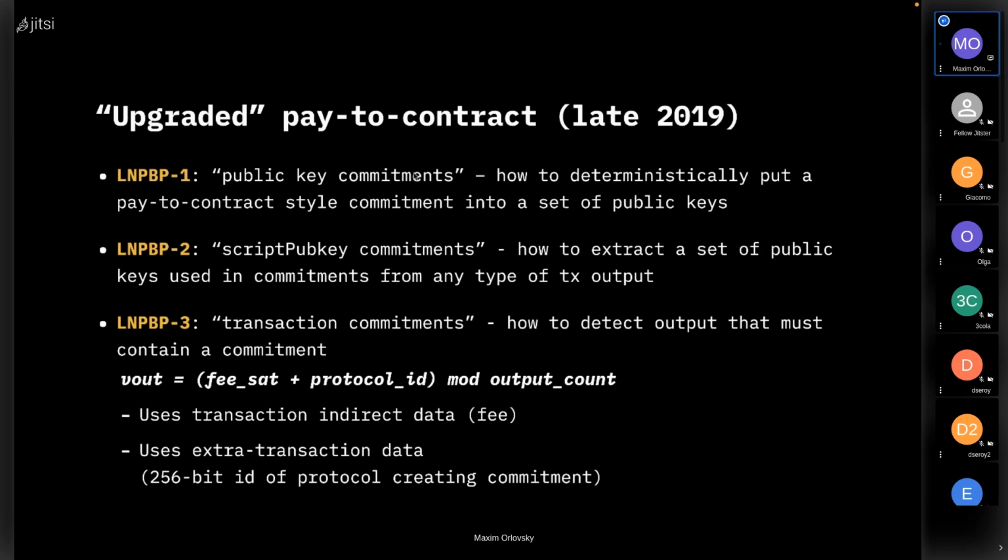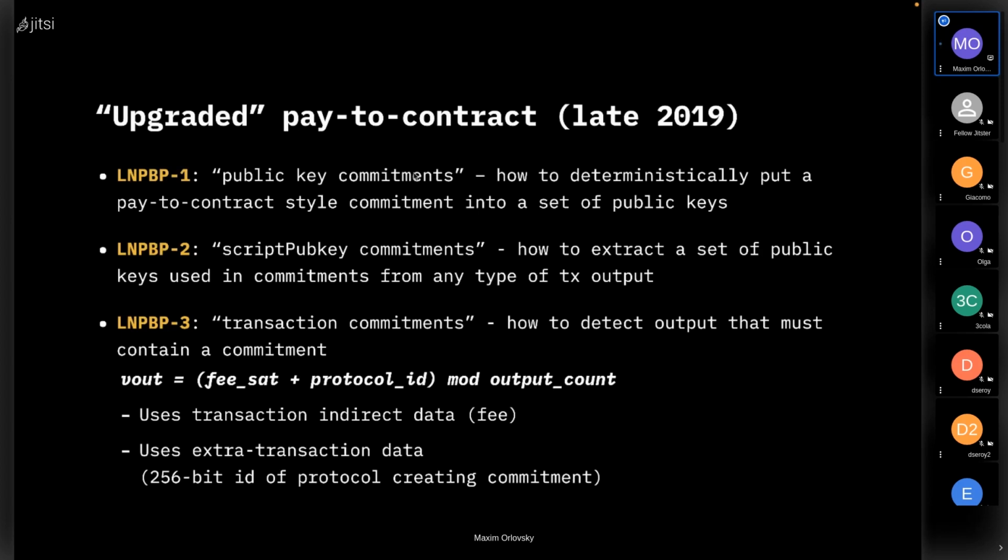And we ended up with a protocol that uses both transaction data and extra transaction data as the most efficient form to prevent on-chain analysis and at the same time avoid fee adjustment when we would like to avoid it, and also split different commitments related to different protocols across different outputs.